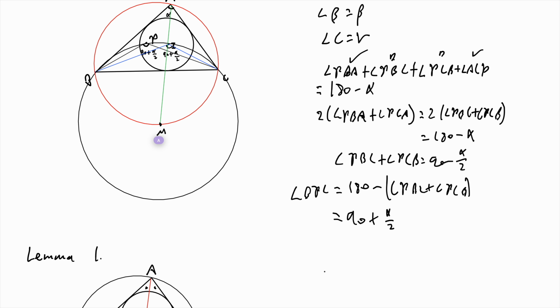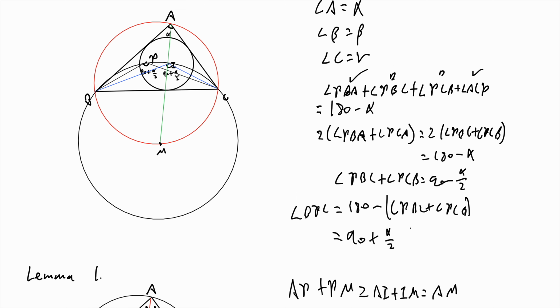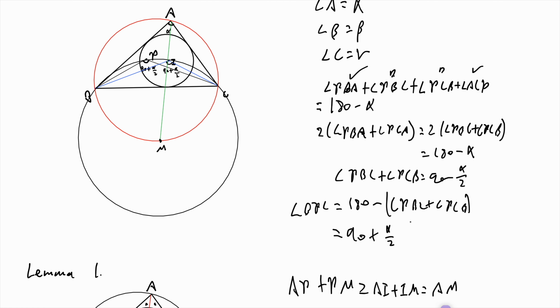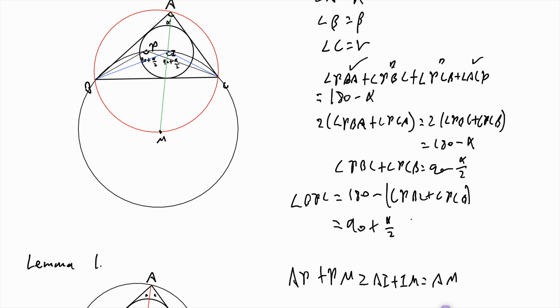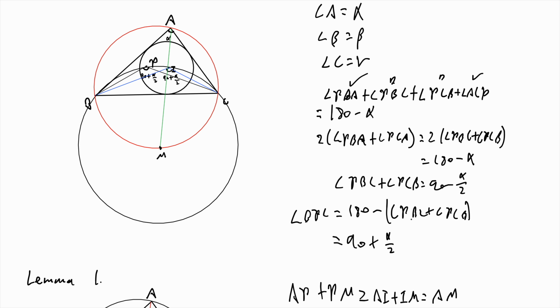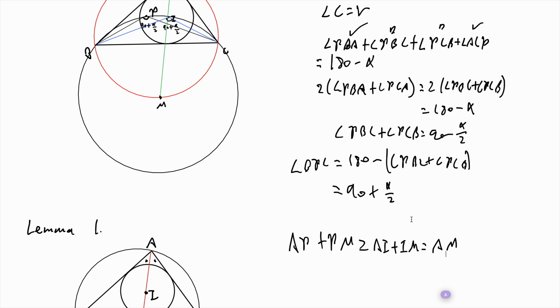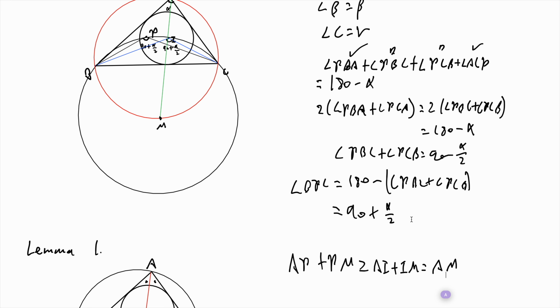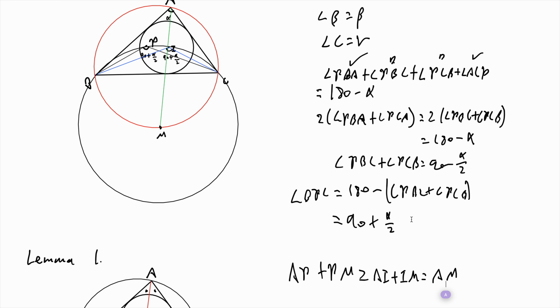Then, by triangle inequality, we know that AP plus PM is greater than or equal to AM, which is equal to AI plus IM, obviously. So AP, AI. So we need to prove that PM equals IM.